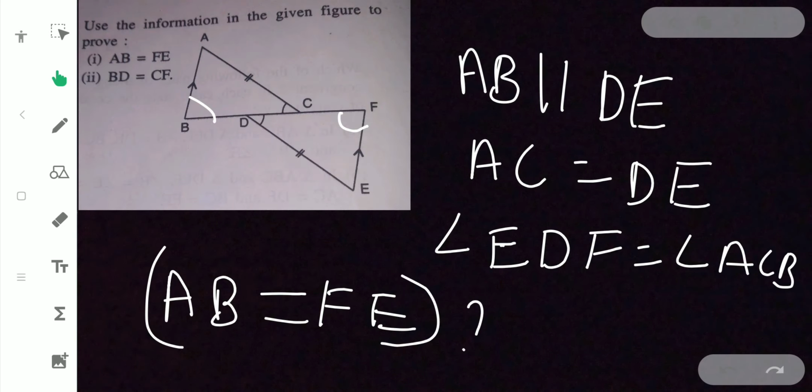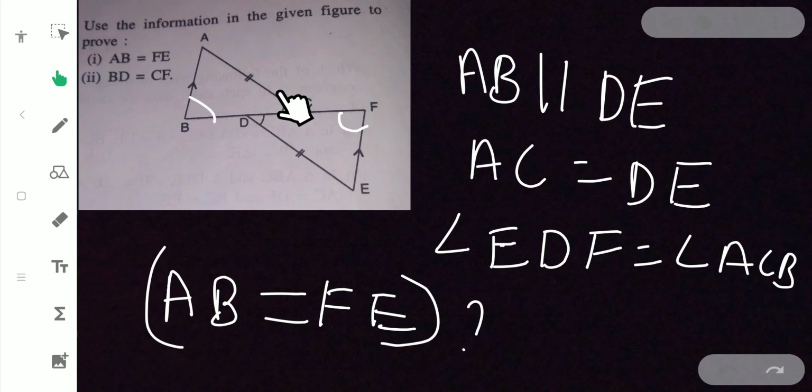And let us see what the perfect namings are. Triangle ABC is congruent to triangle EFD. Yes, triangle EFD. B we are having, so it should come in the middle.